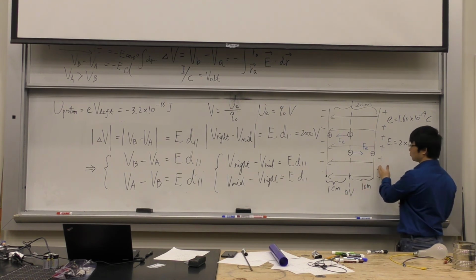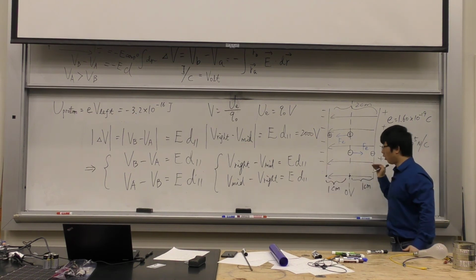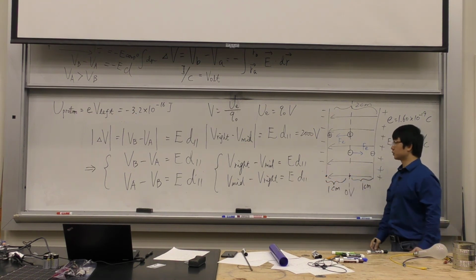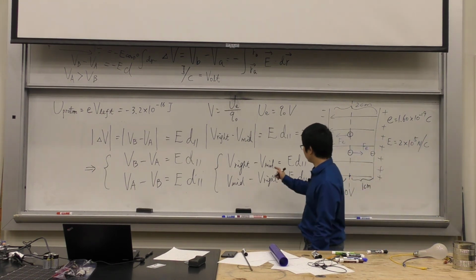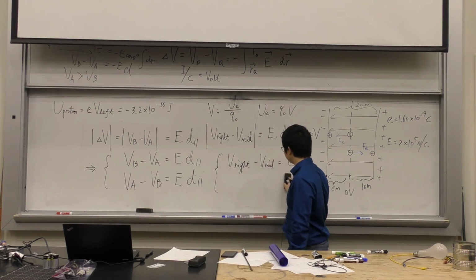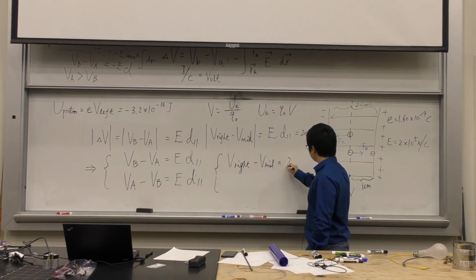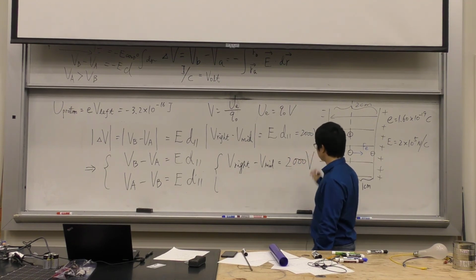Of course, the right plate is going to be higher because that's the direction of the electric field. Always decreasing potential in the direction of the electric field lines. So I know that I should pick this one instead of this one. So this is wrong, I don't pick this one. So the right plate relative to the middle is going to be 2000 volts.